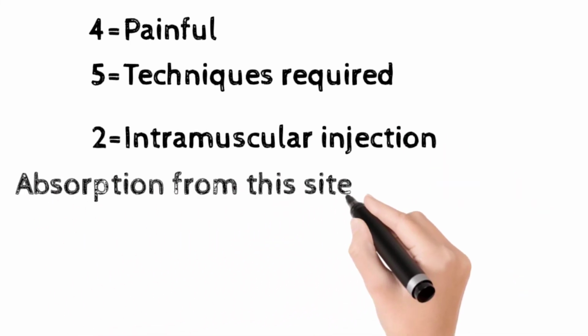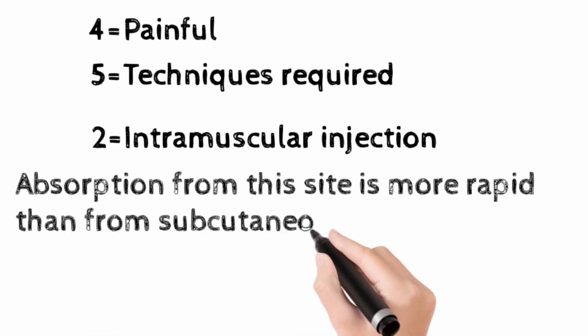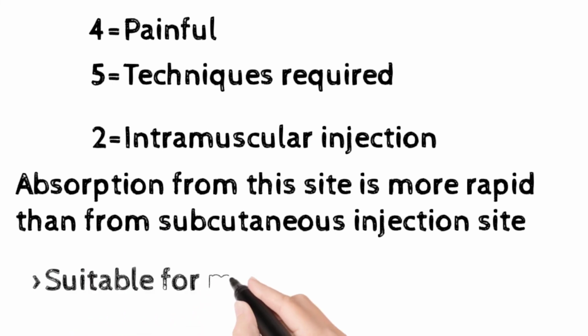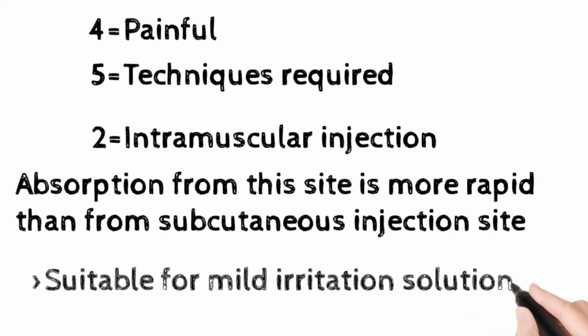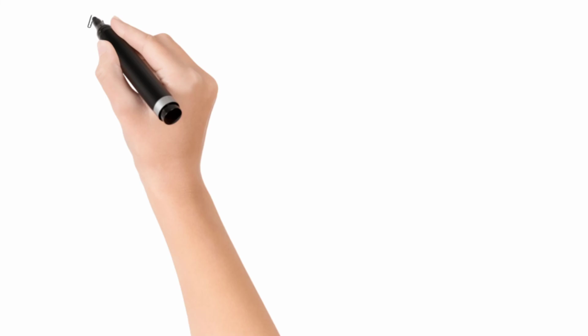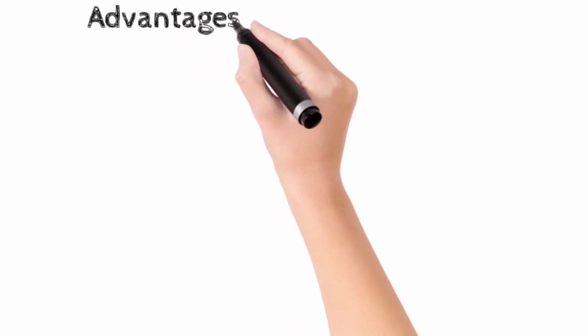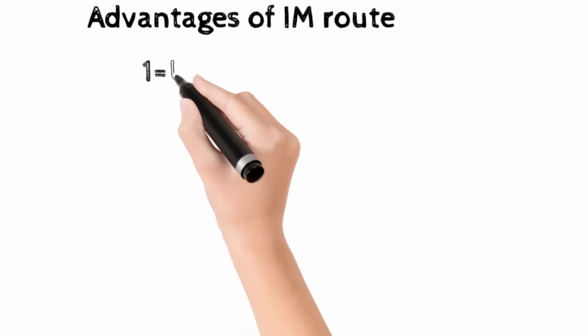Now after IV, come to the intramuscular injection. Absorption from this route is more rapid than from a subcutaneous injection site. This is suitable for mild irritant solutions, and suspensions can also be given by this route. Now come to the advantages of the IM, meaning intramuscular, route.